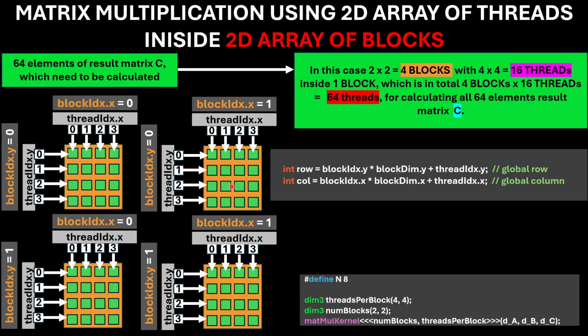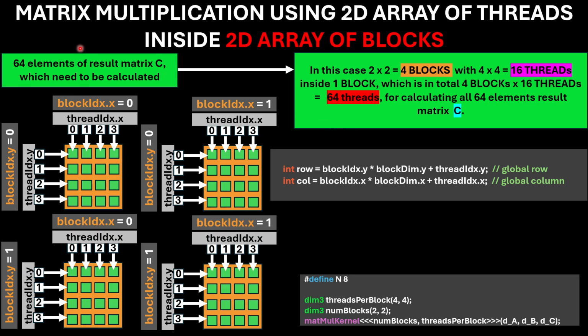With the definition given in the body of the kernel function, this helps us to pick up a specific thread index, the element which we are calculating, and then with that index we also pick up a specific row of matrix A and a specific column of matrix B to calculate that element.